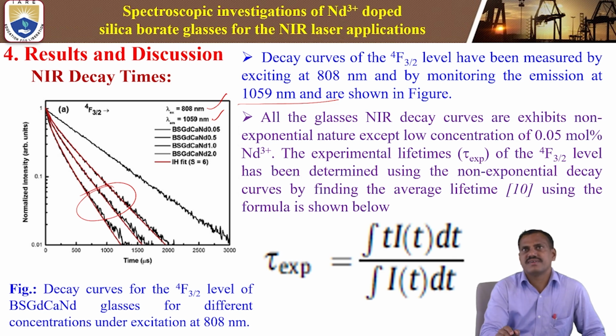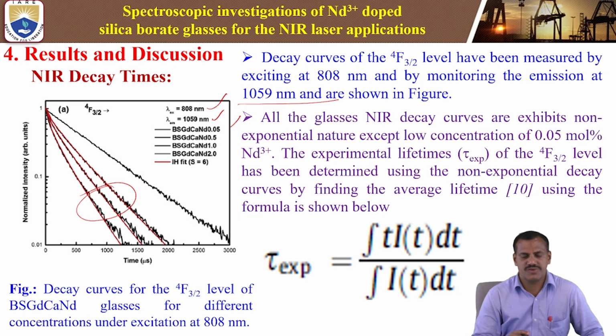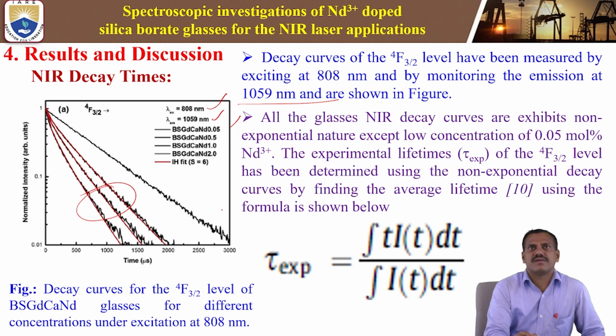All the glasses' NIR decay curves exhibit non-exponential nature except the low concentration of 0.05 mole percent, which shows single exponential nature. The remaining concentrations exhibit non-exponential nature. This is well fitted with the Inokuti-Hirayama model, which we will discuss in the next slide.